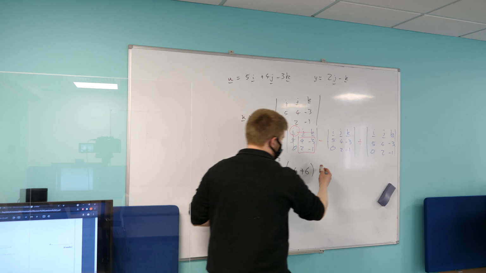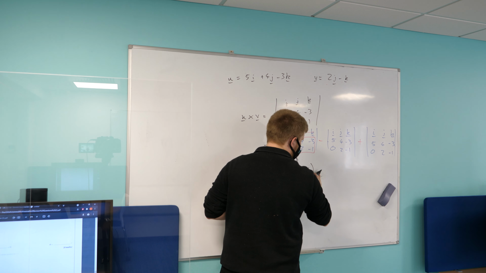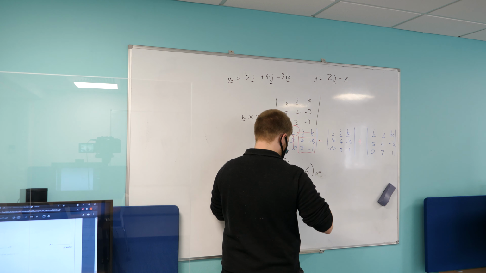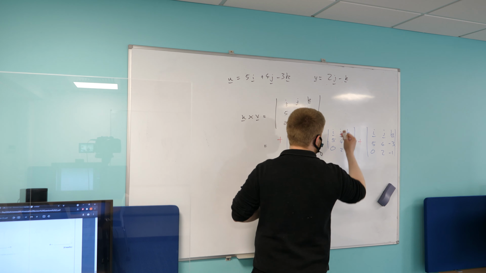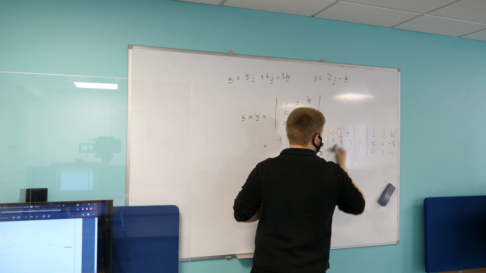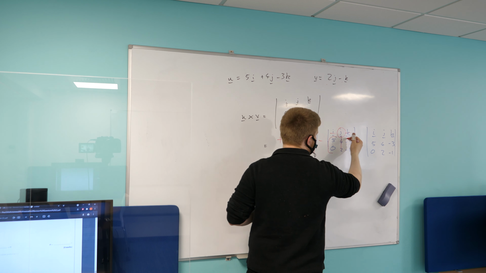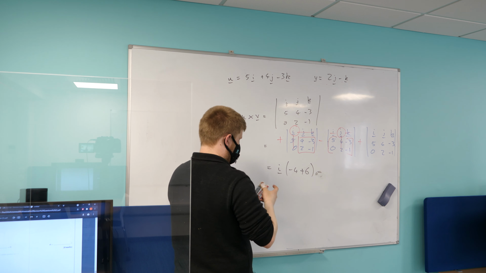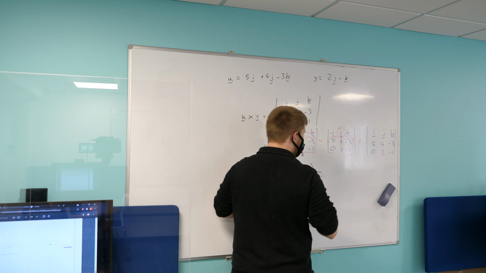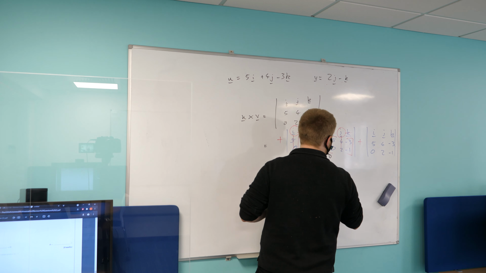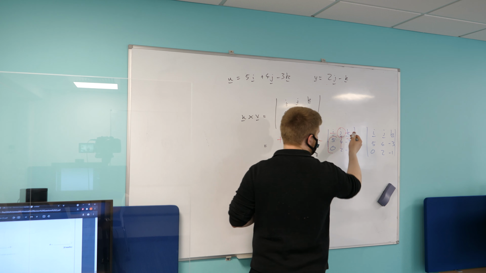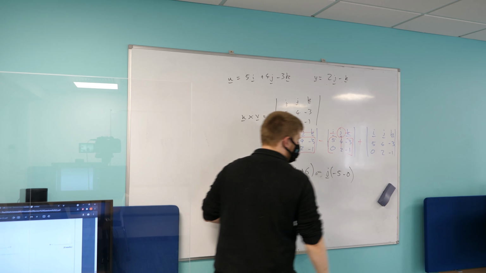All right, good. And then the next one should be minus. Next I move across to the j. I take the j, rule out that row and that column, take the determinant of the matrix which is left. So j times 5 times negative 1, which is negative 5, minus negative 3 times 0.